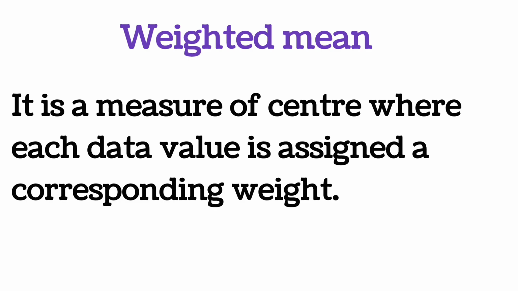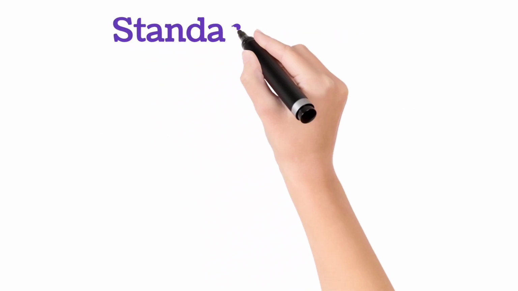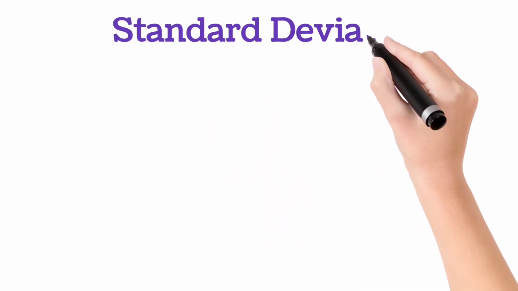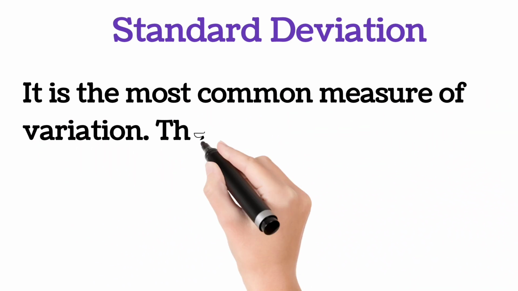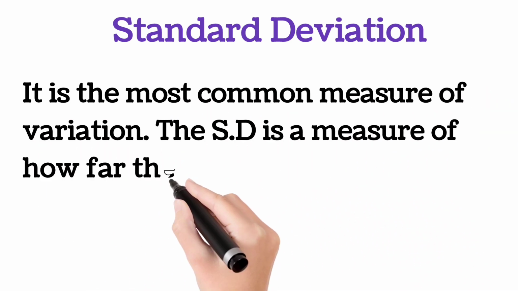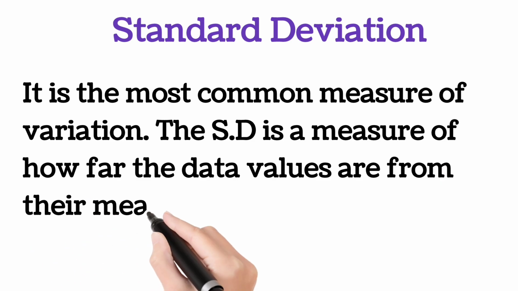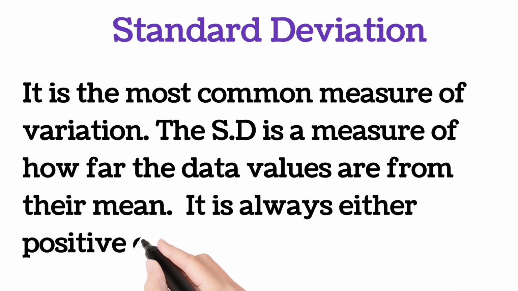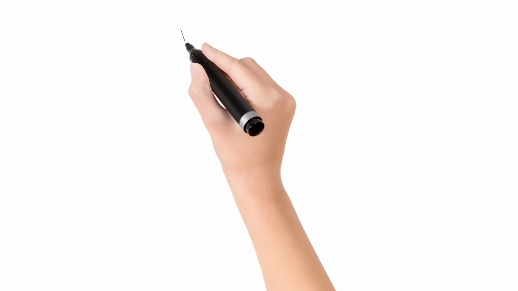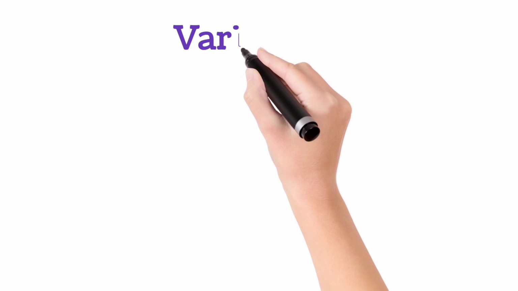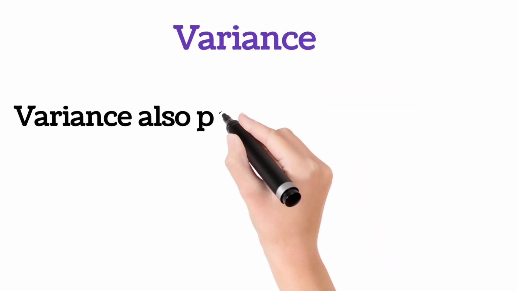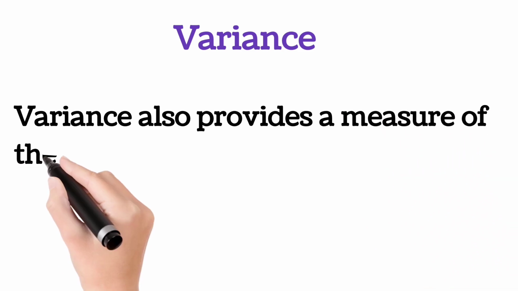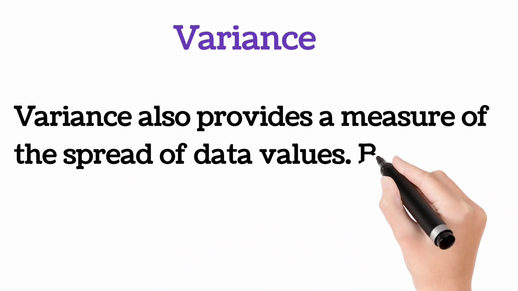The next concept is standard deviation. Standard deviation is the most common measure of variation. It is a measure of how far the data values are from their mean. It is always either positive or 0. The next one is the variance. Variance also provides a measure of the spread of a distribution.